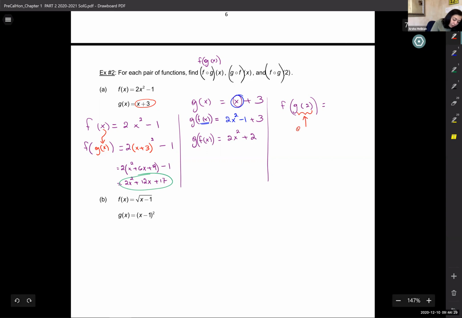What's g of 2? It's 2 plus 3, 5. So now when you zoom back out, you have f of 5, which is 2 times 5 squared minus 1, 49. Both ways are perfectly acceptable, and you get the same answer, obviously.